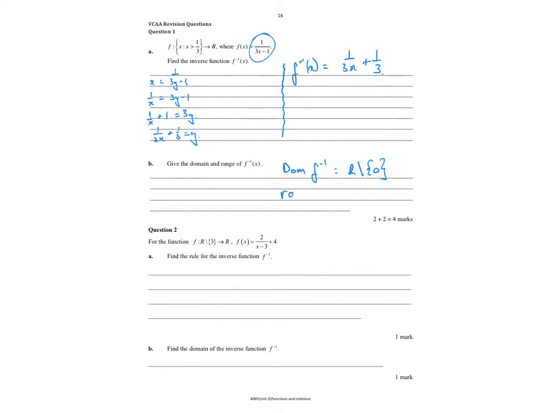And the range of this inverse function is equal to the domain of the original function, which is given by, let's think about that, which is given by from round bracket 1/3 to infinity. So now let's think about that.